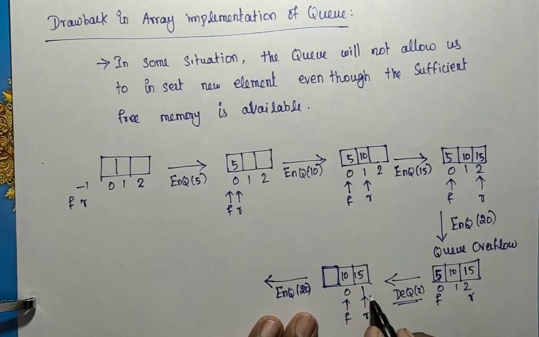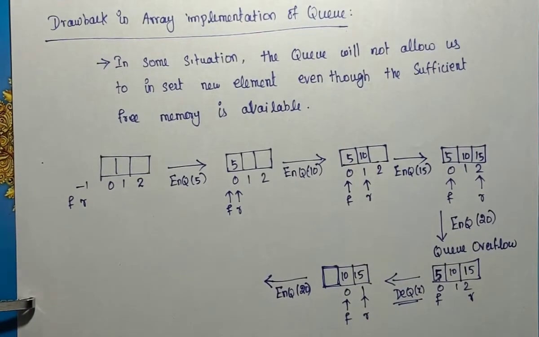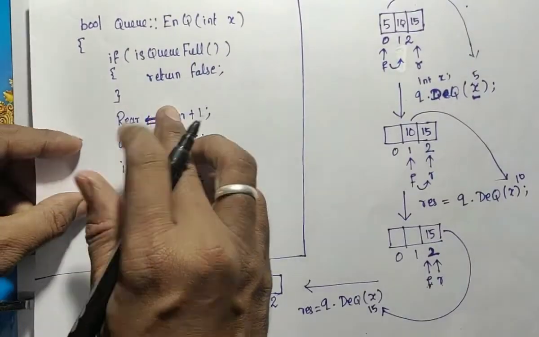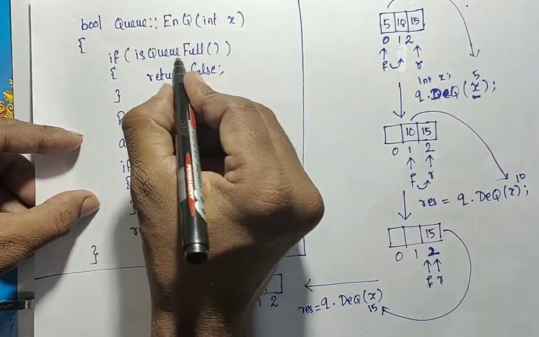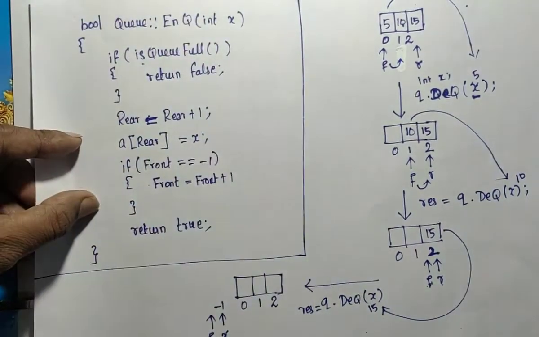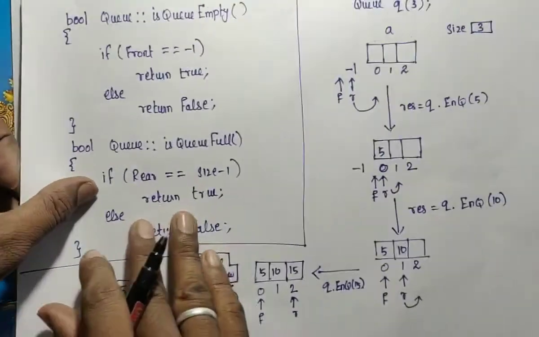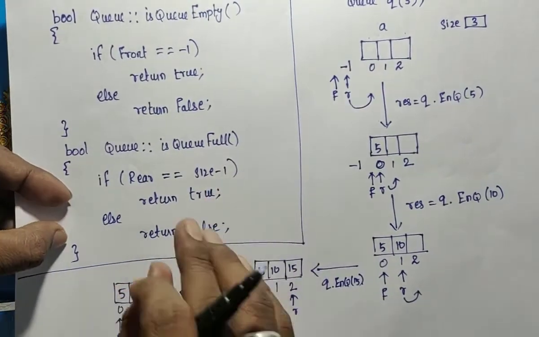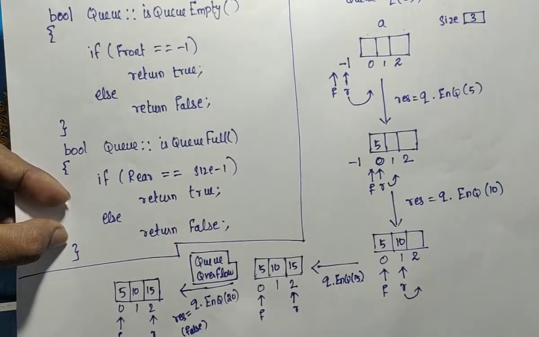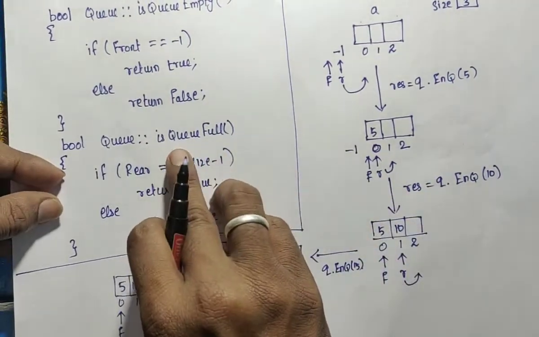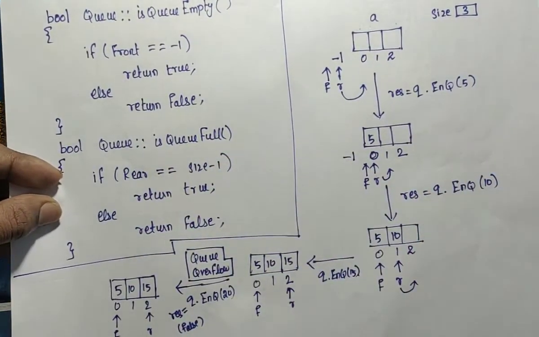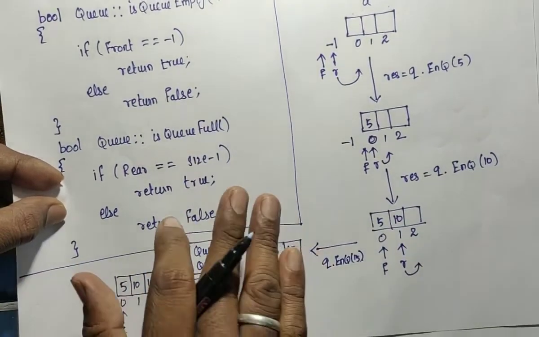But since in our enqueue algorithm we check is queue full, and that checks only whether the rear reached size - 1, we come to the conclusion that we cannot go further. It means that in is queue full, we are not checking whether free space is available on the front side or not. This is the standard algorithm.